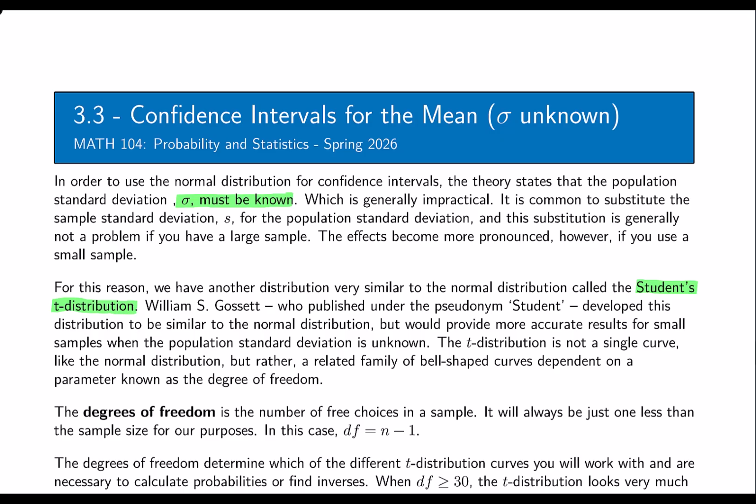The work he was doing often yielded incorrect results because he was using small samples, whereas the statisticians of the day were using larger samples and didn't have this effect. So he, along with the help of other statisticians, collectively developed the student's t-distribution.